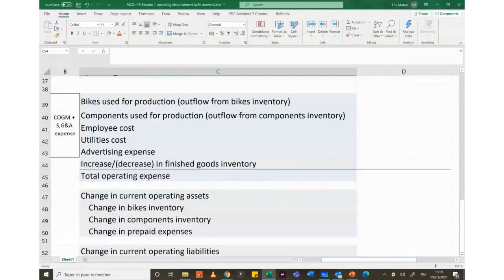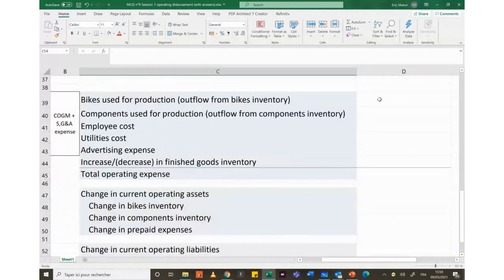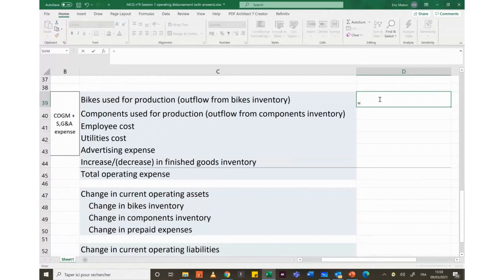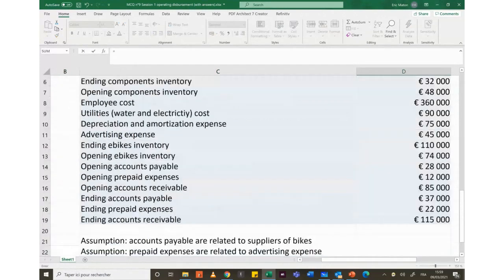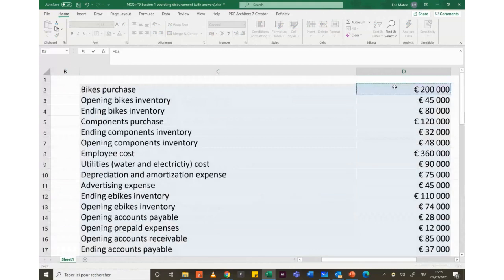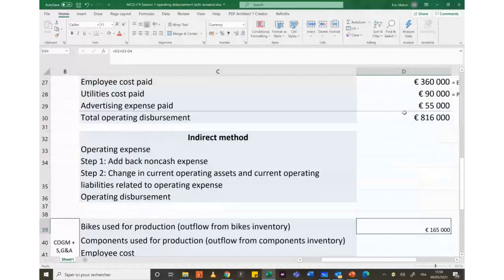So we start. The bags used for production is the outflow. So it's what I purchase plus the opening minus the ending. 165,000.